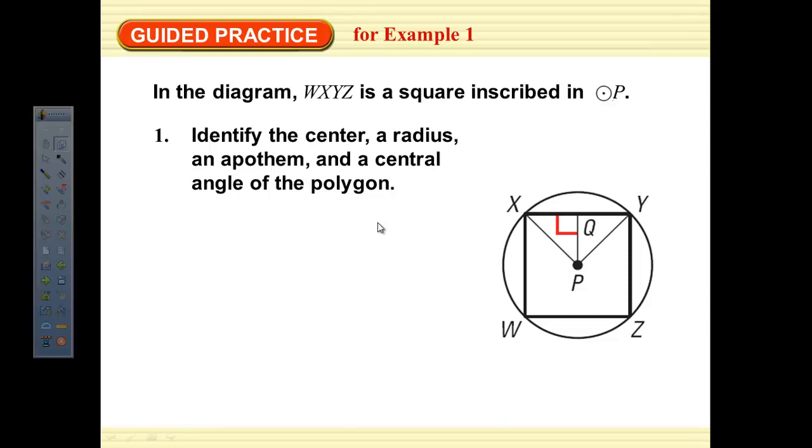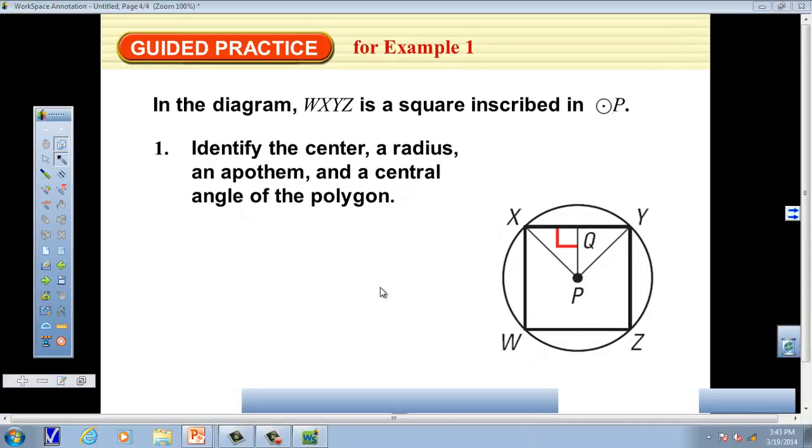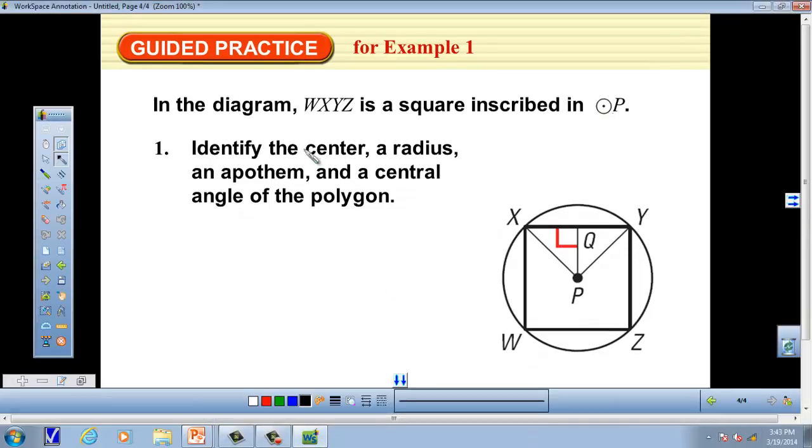Now, we're just tying in bits and pieces of what we're going to need to know in order to do these types of problems. It says identify the center. The center would be P. Identify a radius. That would be either XP or YP. We want to know the apothem. The apothem in this case is PQ. Segment PQ, we should say.